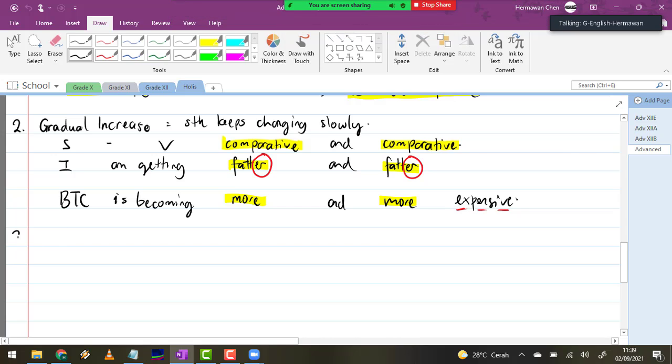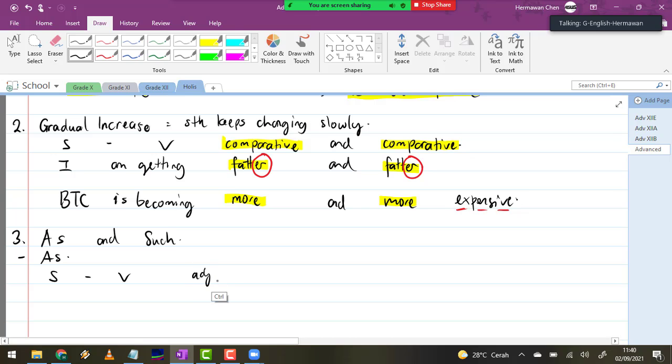Now let's continue to number 3. Number 3 is as and such. Let's start from the first, as. As is also used for comparing, comparing two items. The pattern is subject, verb, adjective.